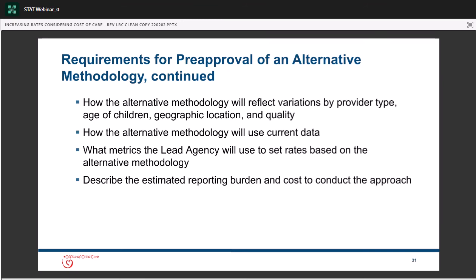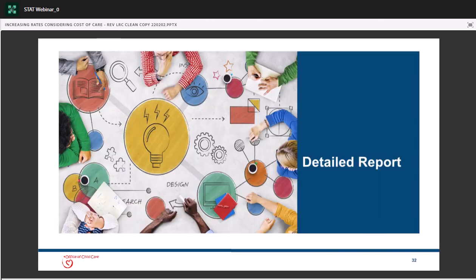You'll describe how your approach is going to reflect the required variations by provider type, age of child, geographic location, and quality. You're, of course, going to ensure that you'll absolutely use current data. You'll describe the metrics the lead agency is going to use to set the rates. And you'll describe the estimated reporting burden on providers and the cost to conduct the approach. As you can see by these 10 elements, it's more than a sticky note of good ideas, but it also doesn't have to be a daunting or terrifying process.